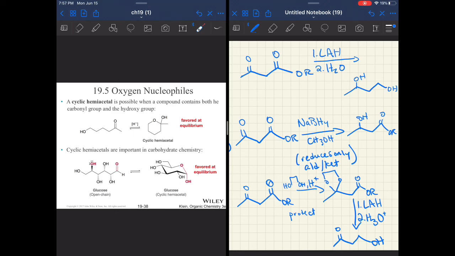So when your open chain sugars convert to their cyclic sugars, that cyclic form is a hemiacetal, right? You have a carbon with an OH and an OR group attached, and those are indeed stable. We are not going to look at those, though, in organic any more than just to say, oh, look at that. That's pretty cool.